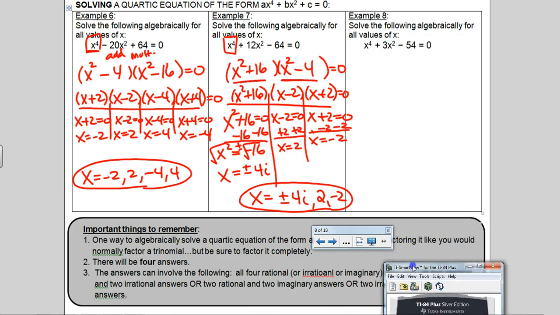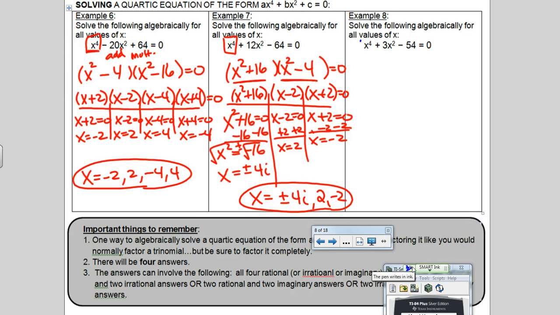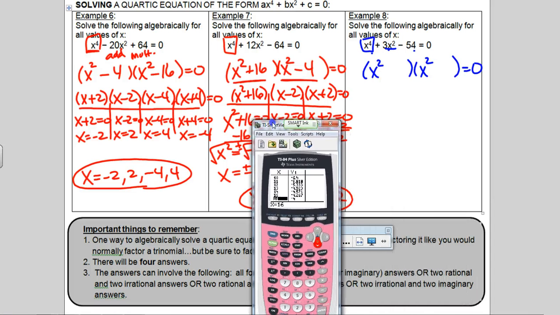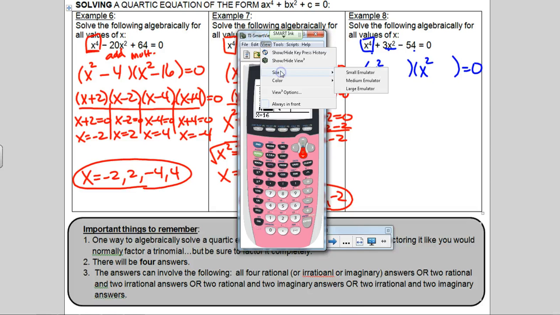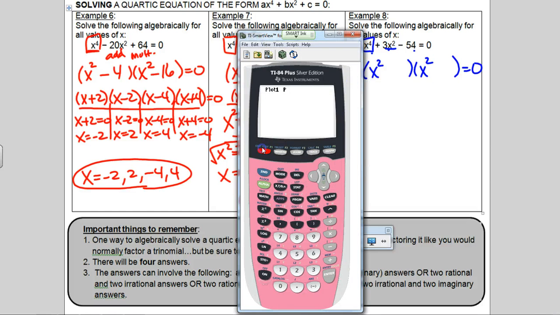All right, we'll try one more again. Okay, our x to the fourth with our three terms with a power of 2. So that means regular trinomial factoring. Okay, so it multiplies to negative 54 and adds up to 3. Again, I can do that because it begins with a 1. If it did not begin with a 1, we could factor it like we did with the AC method.